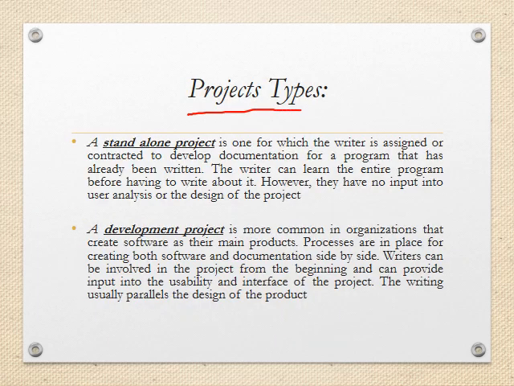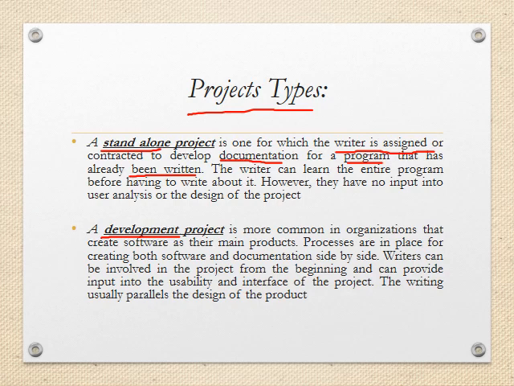Project types. We have two types of project: standalone documentation project and development documentation process. Standalone is one for which the writer is assigned or contracted to develop documentation for a program that has already been written. Here the writer is not involved in the development process for the software.